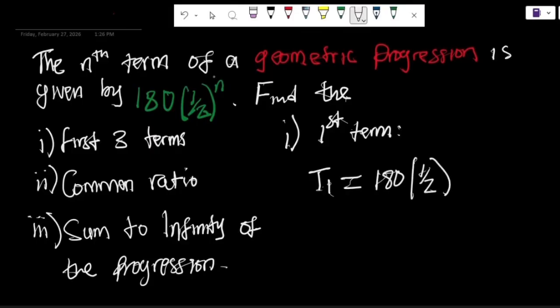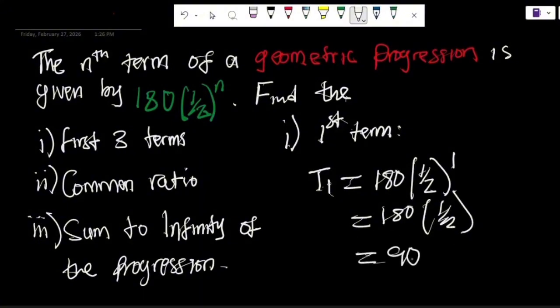Where there is n, we put 1. So here we're going to have 180 times half, and 2 into 180 is actually 90. And so 90 is the first term.